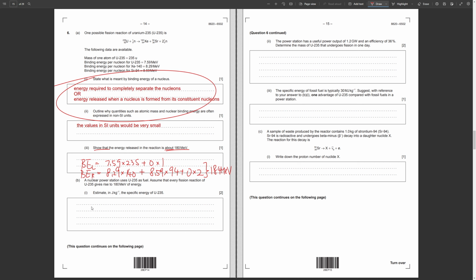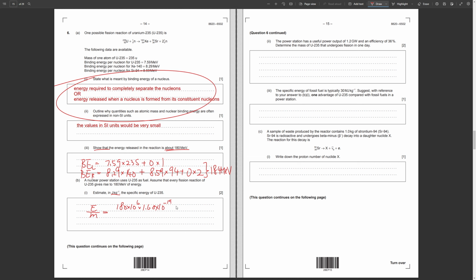Part B1, we are going to calculate the specific energy of uranium-235 nucleus. Specific energy is the energy stored divided by the mass, and the energy it gives is 180 mega electron volts, and you can convert it into joules by multiplying by 10 to the power of 6 to get rid of mega, and multiply by the elementary charge to get rid of the e.